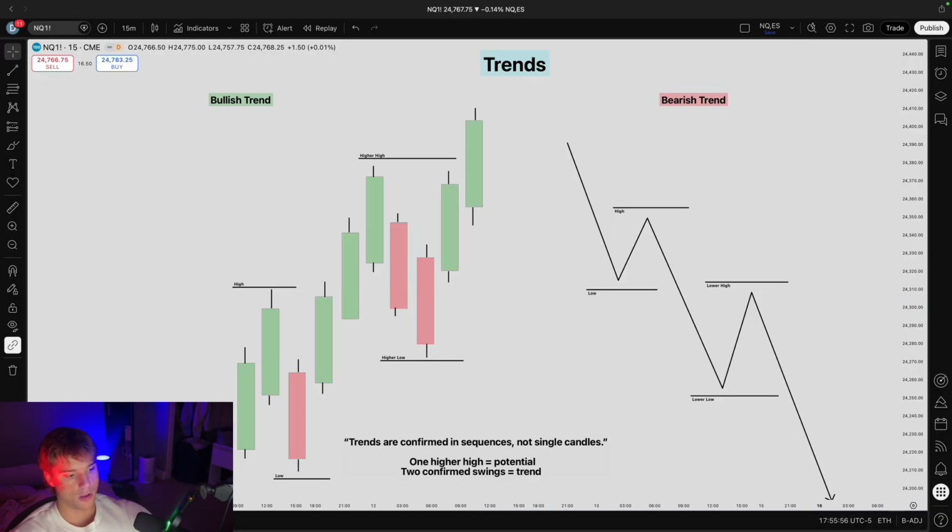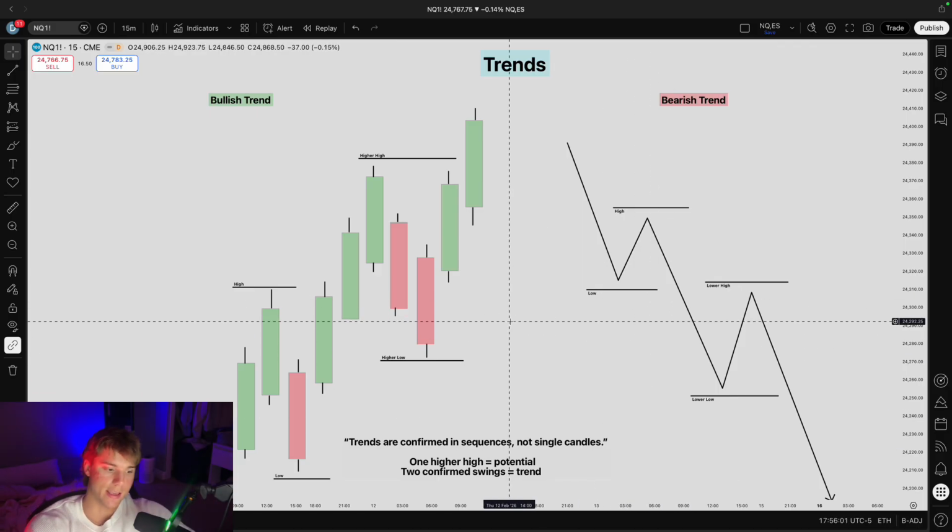So, what is a trend? A trend is a consistent directional movement. You are going to have two main trends. You're going to have a bullish trend, which, if you remember what I said, bullish is market going up, and you're going to have a bearish trend, which is going to be market coming down.